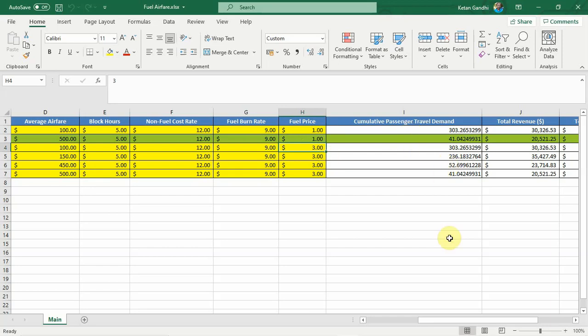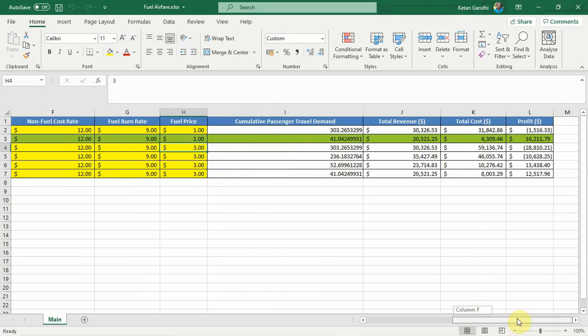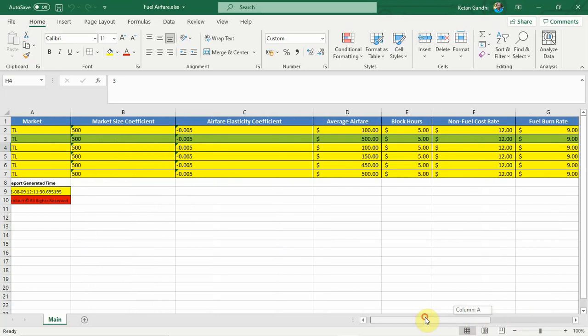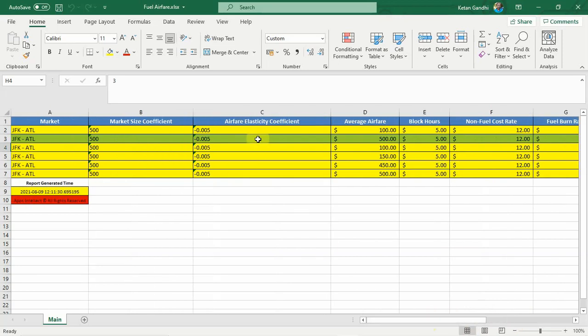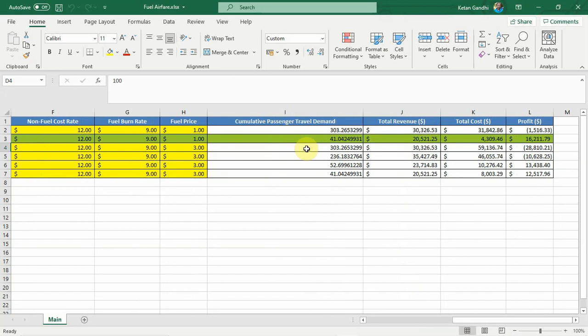So we will get a different cost for this example. Here also a $100 airfare is there, but the fuel cost is changed from $1 to $3 per gallon per hour.